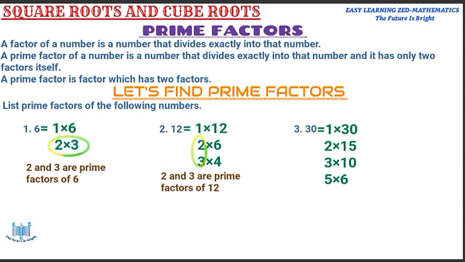So as you can see, 1, 30, 15, 10, and 6 are not prime numbers.